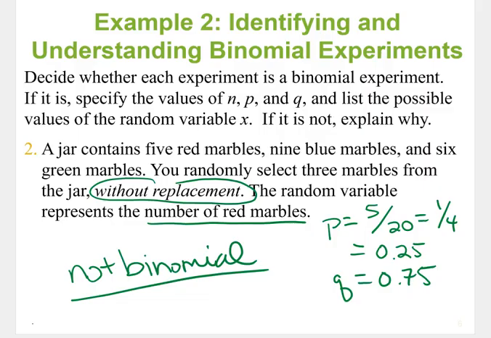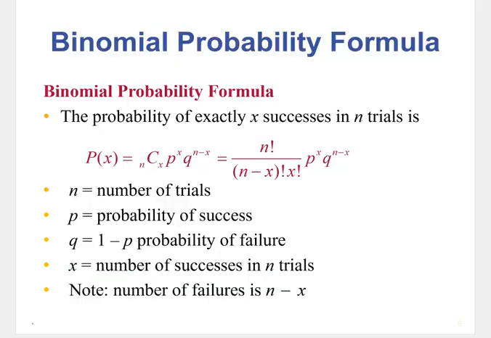All right, there is a formula that you can use to find the exact probability of a success for any number of trials as long as you know the p and the q. And that is just take n choose x. So you're going to take your n, choose combinations of x, the number of successes, multiply that by p to the x power, so p raised to the number of successes, and then multiply by q raised to the number of failures.